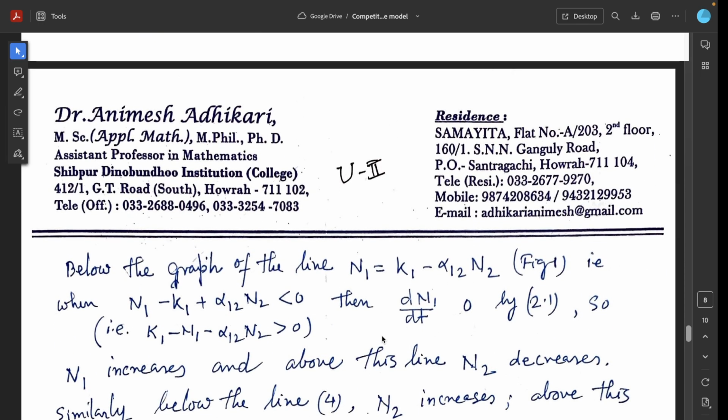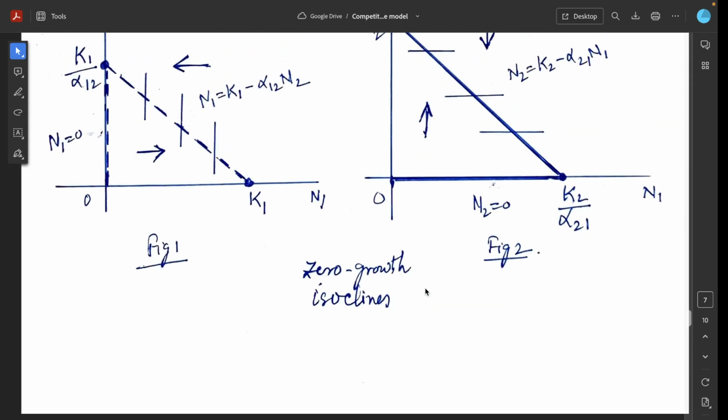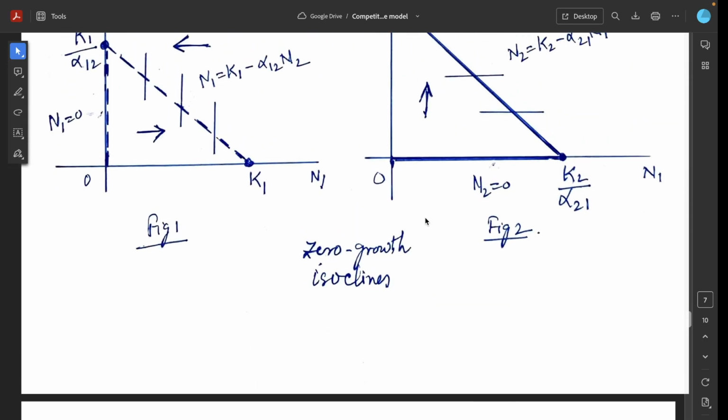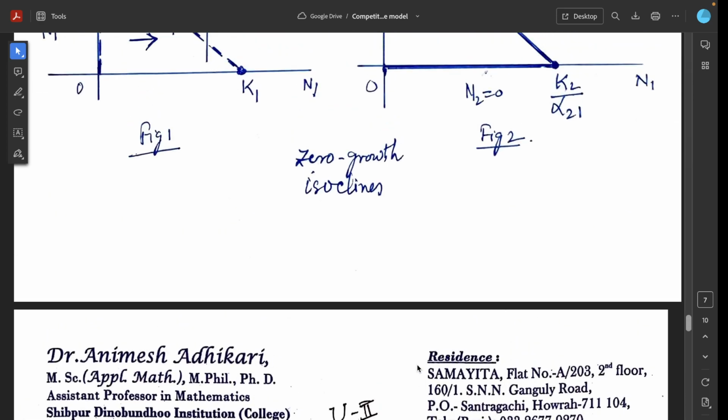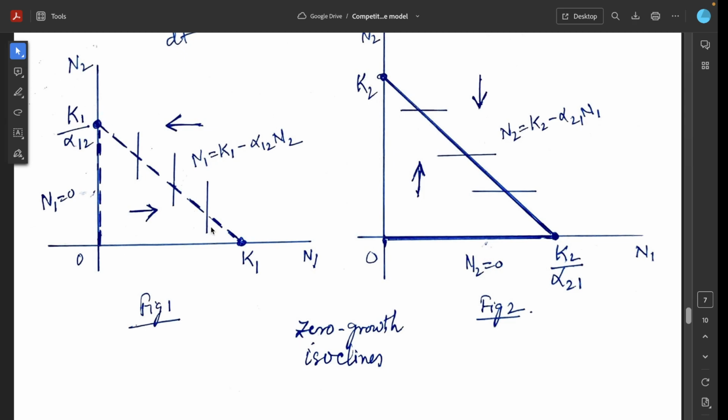Below the graph of the line, in figure 1, that is when N1 minus K1 plus alpha 1 2 N2 is less than 0. This equals 0 for a point on this line, and below this line it is less than 0.